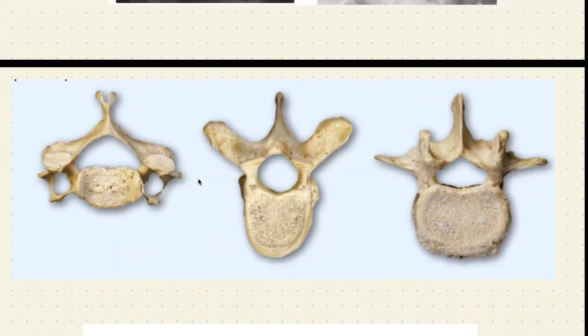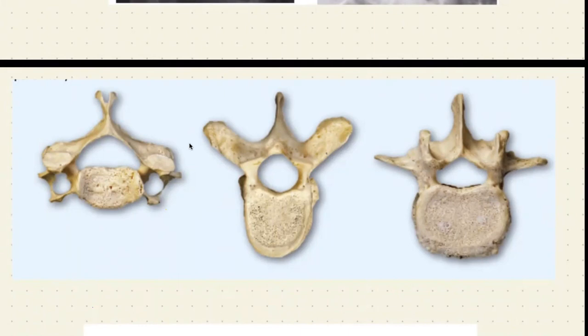Could you tell me about the transverse foramina regarding the cervical vertebrae? What are the transverse foramina and where are they situated? And just tell me the course of the vertebral artery with the transverse foramina. So, Dr. Tanvir, are you there, brother? Yes, I'm here. Okay, just enlighten us.